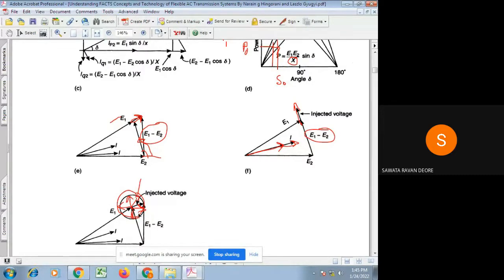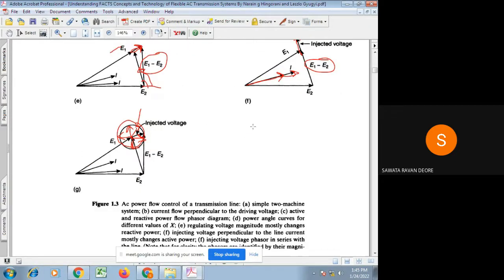If we inject the voltage at any phase angle over 360 degrees, then according to that phase angle there is a change in the magnitude of current as well as the phase angle of that current, and because of that there is a change in the flow of real power as well as reactive power.